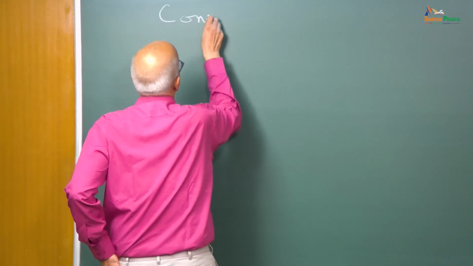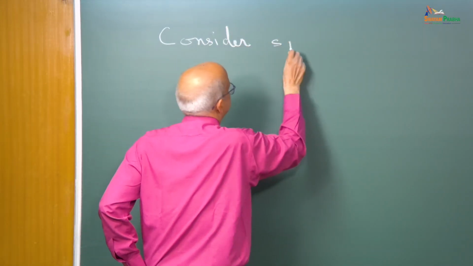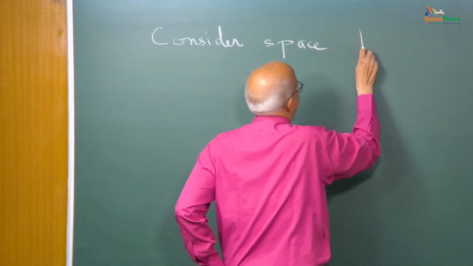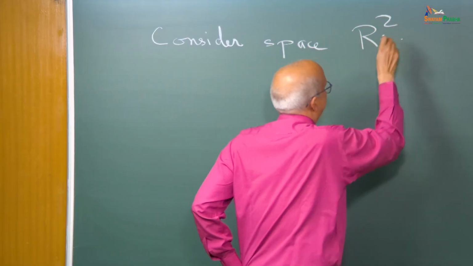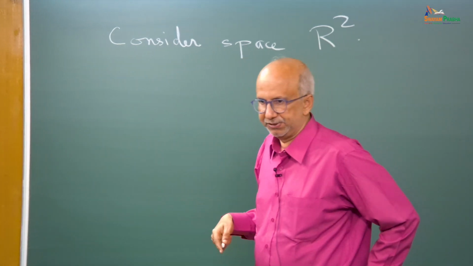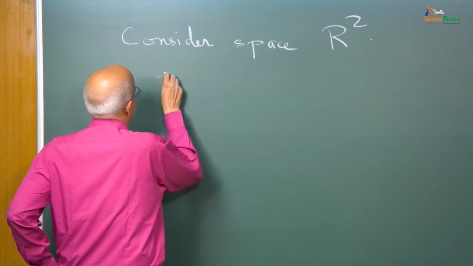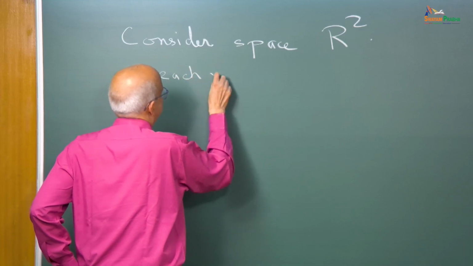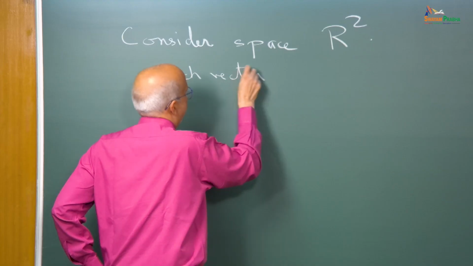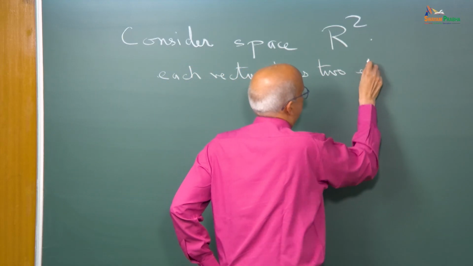What do I mean by R2? I mean each vector has two coordinates, that is, each vector has two elements.